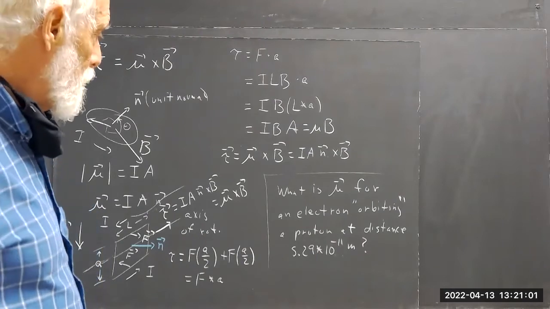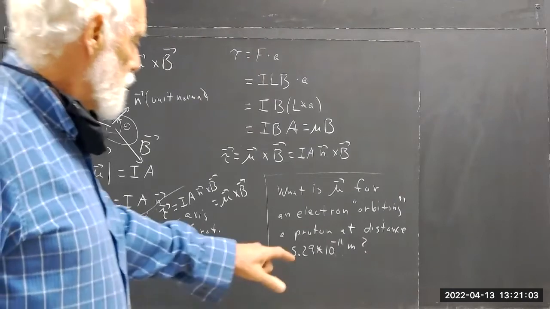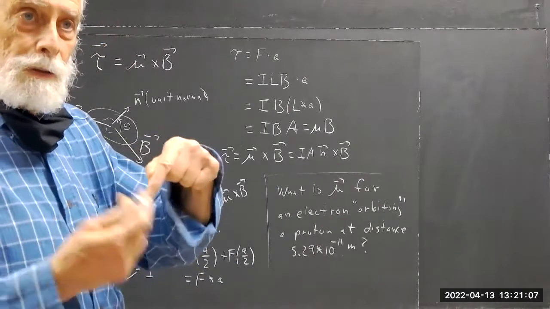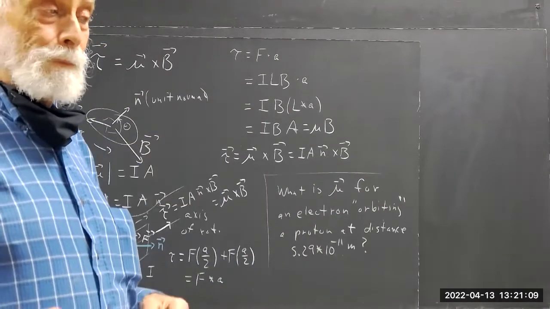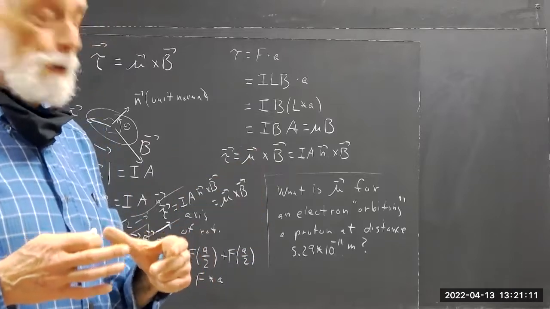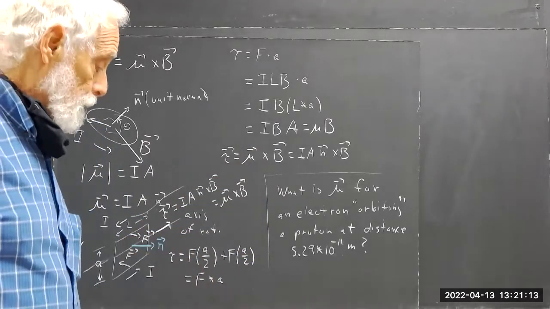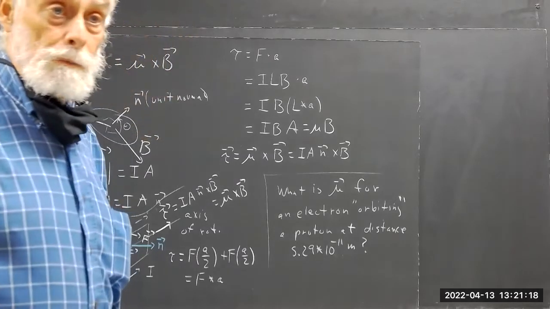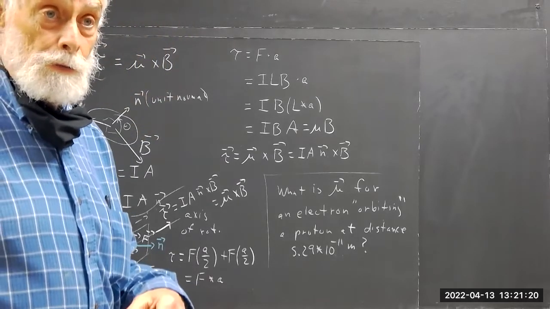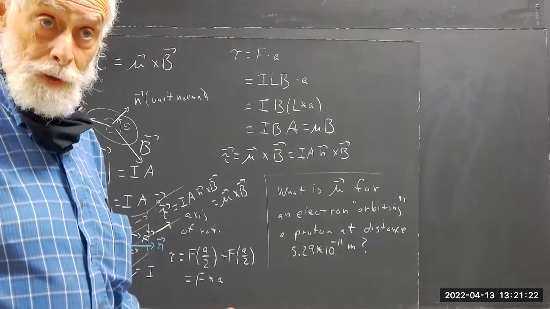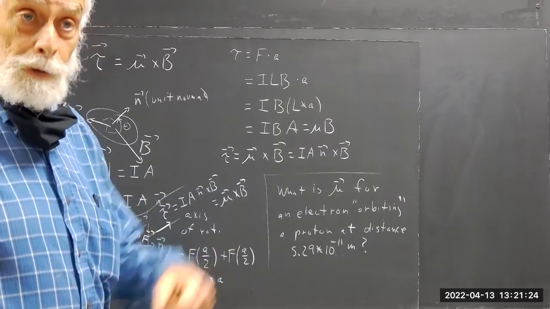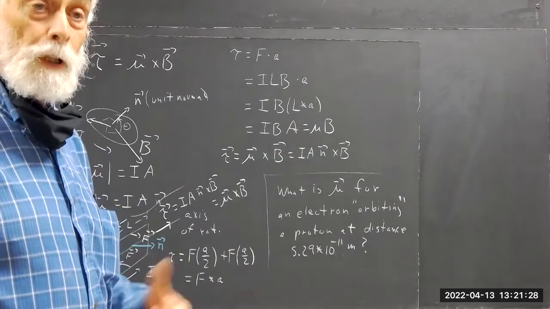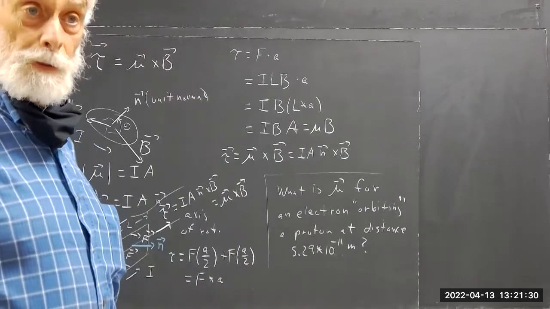Now, by quantum mechanics, that is the distance at which an electron would, quote, orbit a single proton at its closest possible proximity. You can work out, by setting Coulomb attraction equal to centripetal force, how fast the electron would have to be moving. We're not going to do that, and I don't remember what the speed should be.